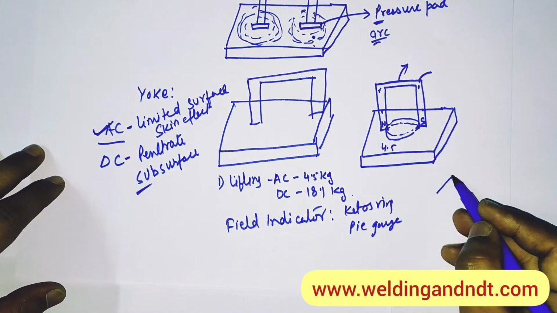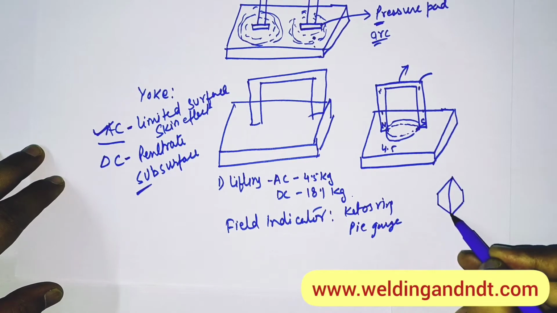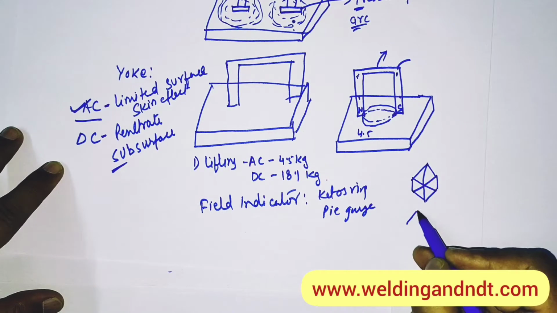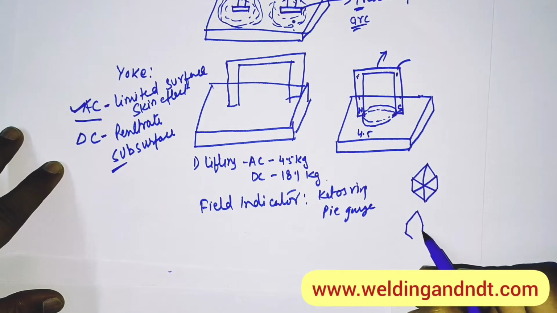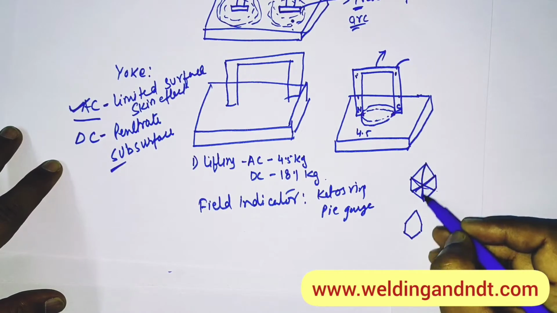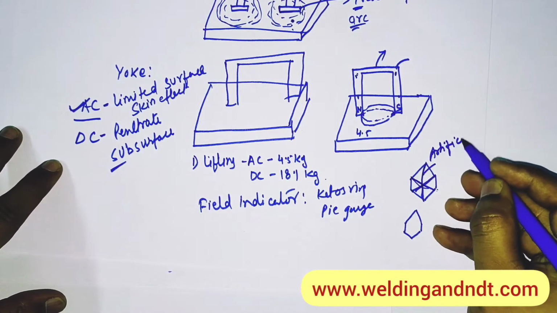For example, a pie gauge is an octagonal or hexagonal coin in which 6 or 8 segments are there like this, and the back side will be plain. On the front side you will see these 8 segments, and these segments act as an artificial defect for us.